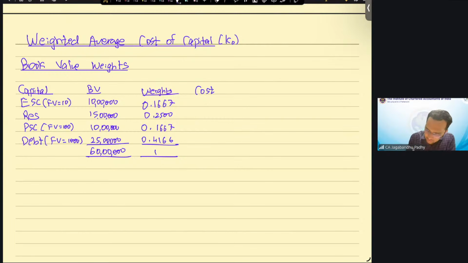We have been given the cost. So let's say equity share capital is having a cost of 15%. Same cost applies to even reserves, which is 15%, and preference share capital is having, let's say, a cost of 12%. Debentures are having a cost of 10%. So we can definitely do the weighted average as weights into cost. Correct, guys? Weights into cost.